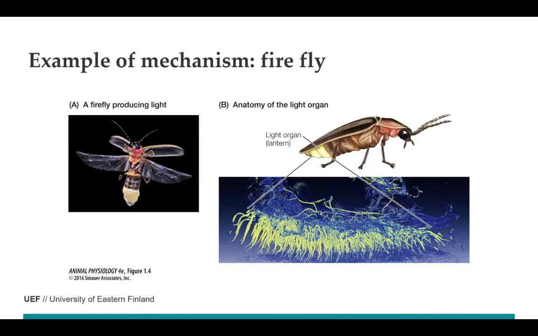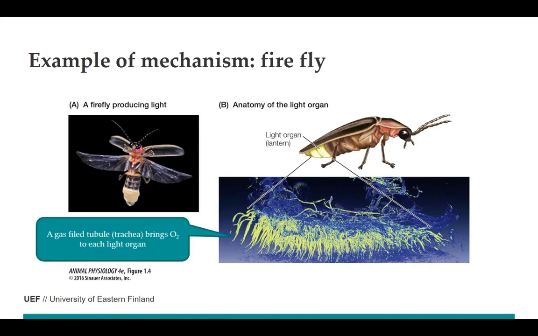As you can see from the microscope slide, there are plenty of tubes. They are gas-filled tubes that bring oxygen to each light organ. That gives some indication that oxygen is pretty important for this light production.